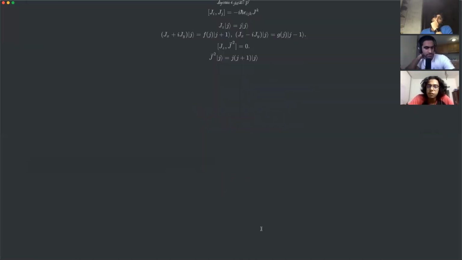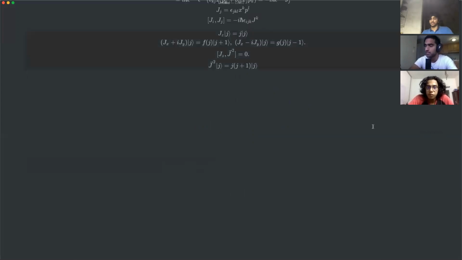Once you're there, you can work out everything else. So once I have this commutation relation, I diagonalize one of them, JZ, and then I work out the commutation relation between everything, like JZ and J plus and J minus, as they're called. And then I can derive what Fj and Gj are. Usually there's some square roots and other such things, but you can work it out.